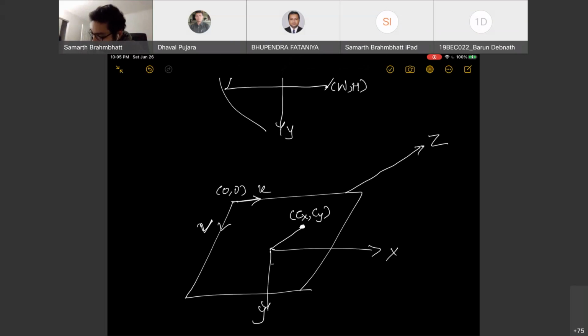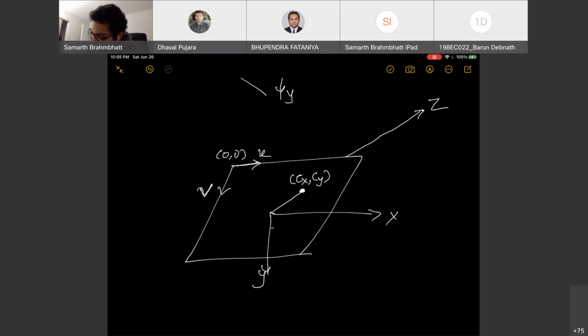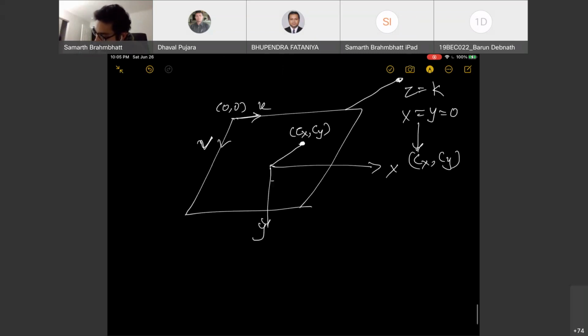So now somehow, let's say when my x and y are 0, but my z equals some value k. When my x equals y equals 0, then this goes to Cx Cy.